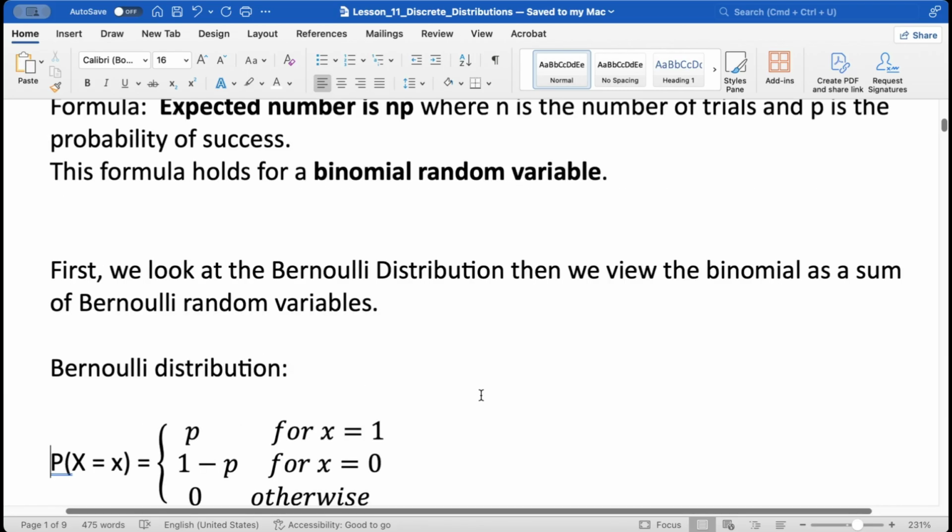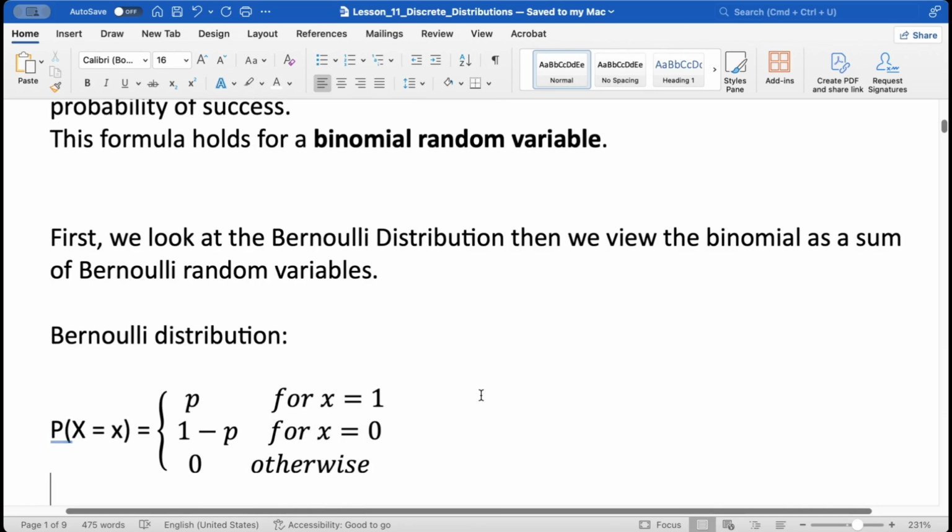So the Bernoulli, we have basically a single trial, two possible outcomes here for x. It's probability p that x is 1, and 1 minus p for x equals 0.